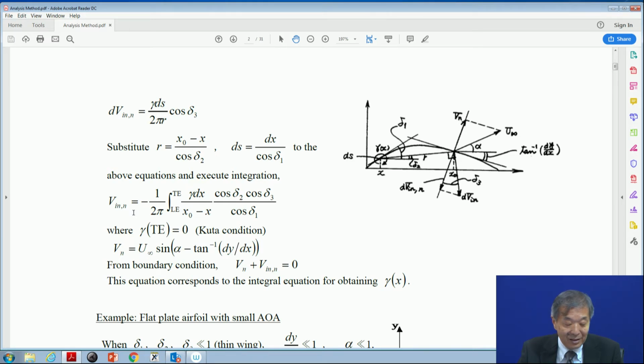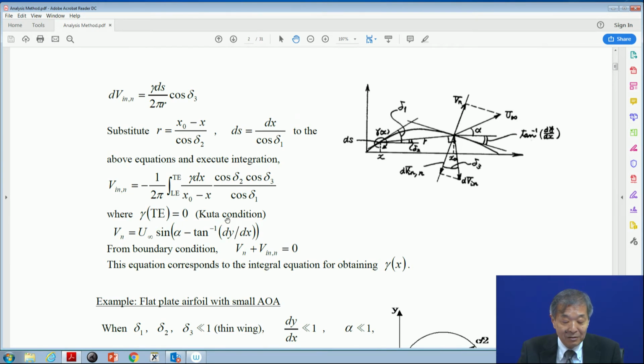Vin,n is expressed like this, the Biot-Savart law, so gamma is integrated from the leading edge to the trailing edge. This is the vortex distribution on the blade. And the Kutta condition is expressed as gamma at the trailing edge is 0.